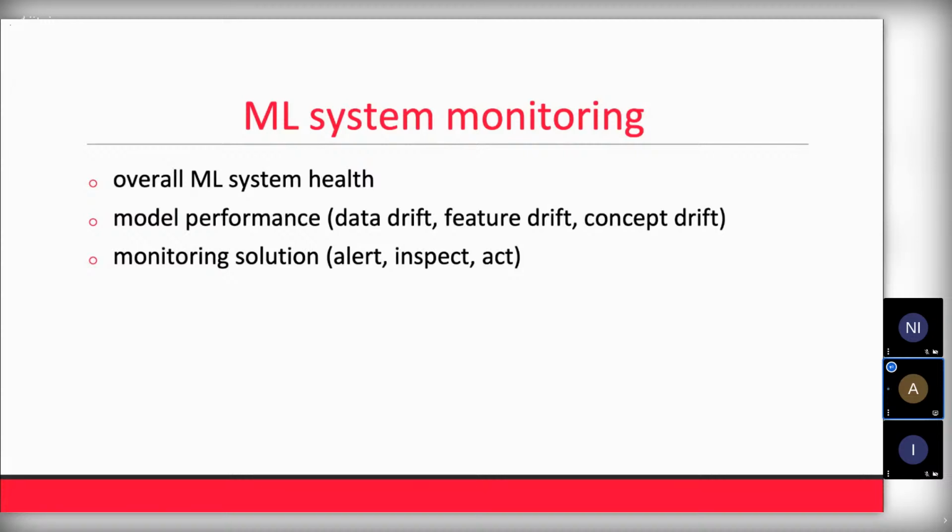Also, based on the setup, whether you're doing everything in the cloud, in hybrid, with parts in the cloud and parts on premises, or everything on premises, there are different types of monitoring systems, different ways to build a monitoring dashboard, and lots of different combinations.